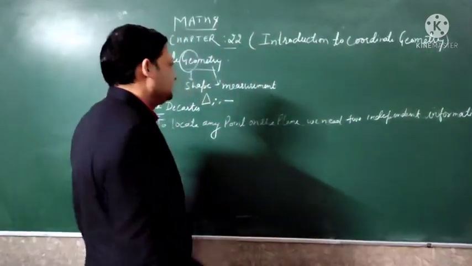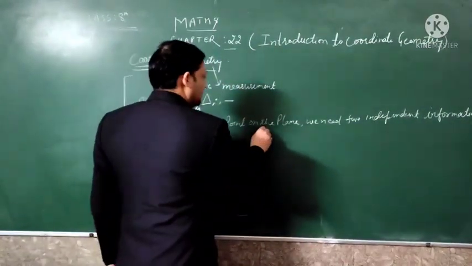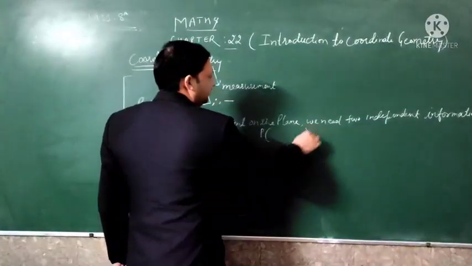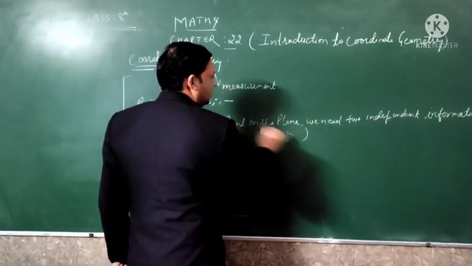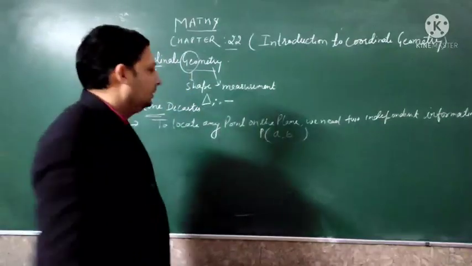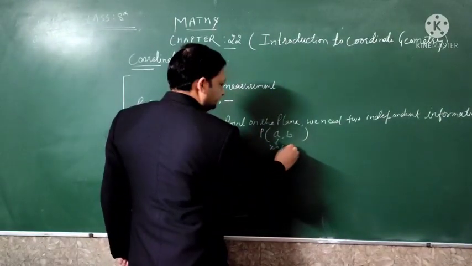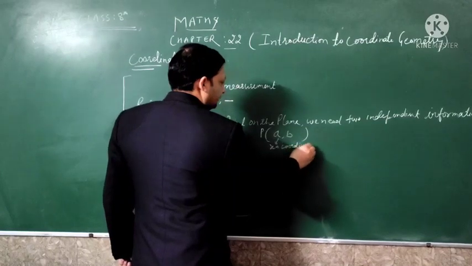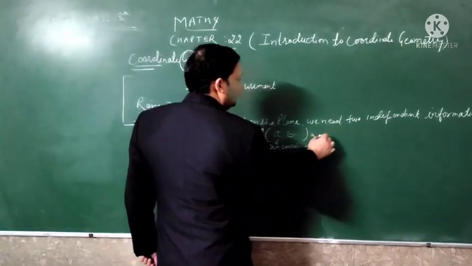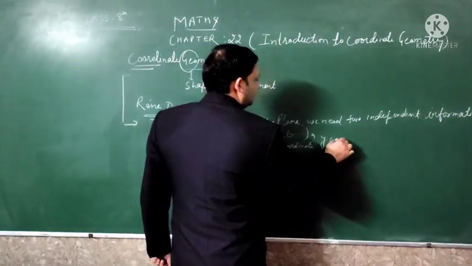That information is given by common letters, A and B. Here A will be the x coordinate and B will be the y coordinate.